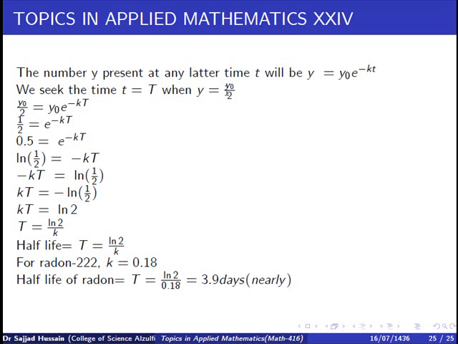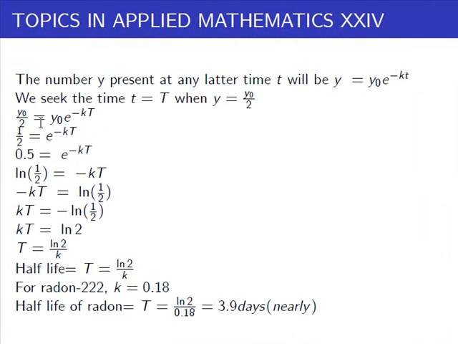The original quantity is y naught, and at any time t, suppose the quantity is half of the original, y naught over 2. So t is equal to capital T, and y is equal to y naught over 2. Then this equation becomes this one.